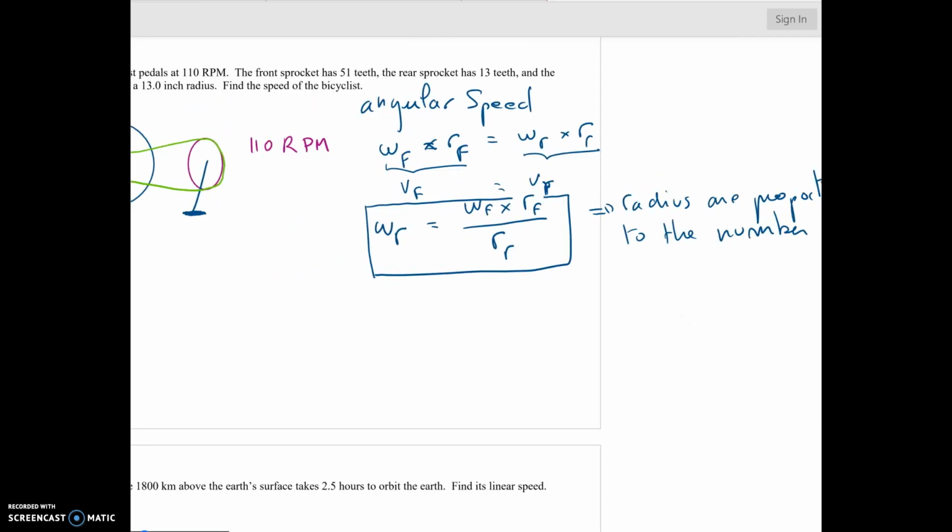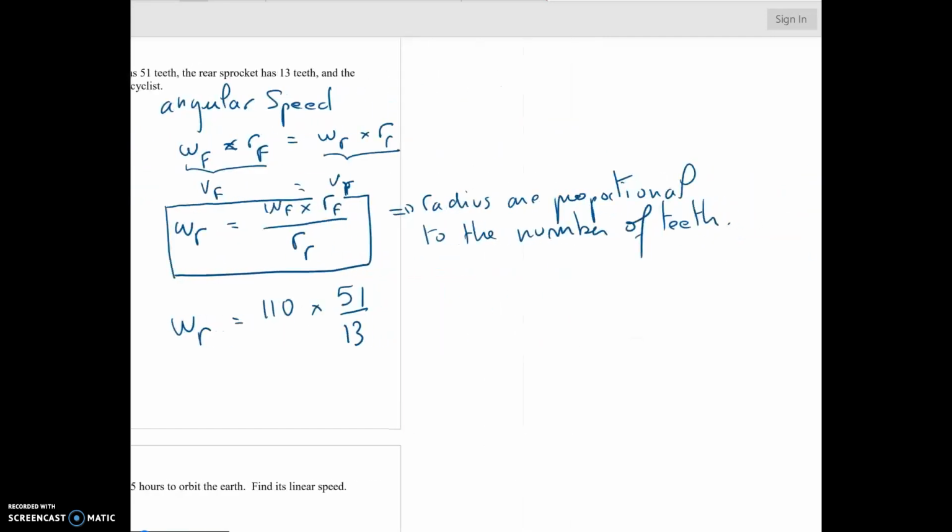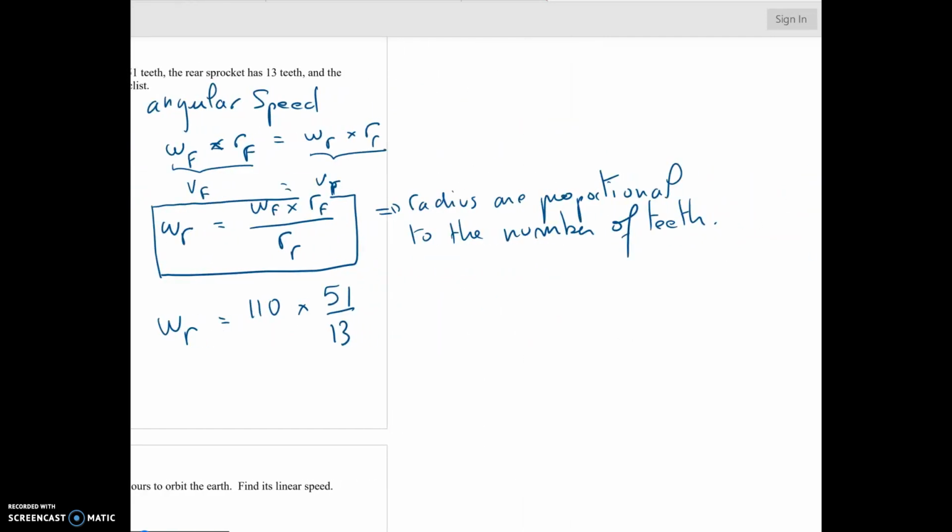Therefore, when I'm calculating the angular speed of the rear sprocket, this is going to be 110 RPM for WF multiplied by 51, which is the number of teeth for the radius of the front sprocket, divided by 13, which corresponds to the radius of the rear sprocket. Remember, radii are proportional to the number of teeth.